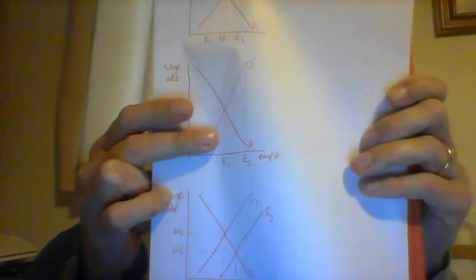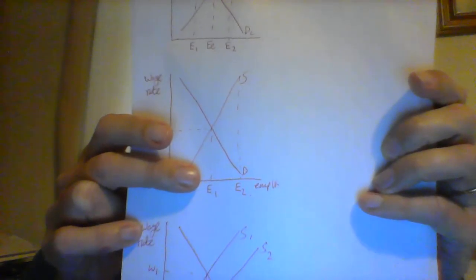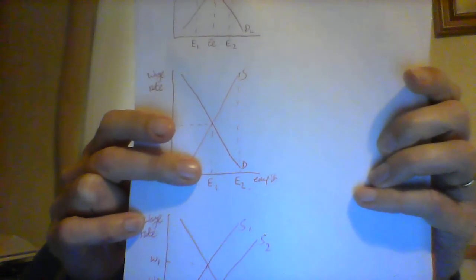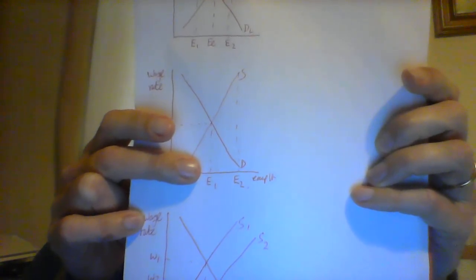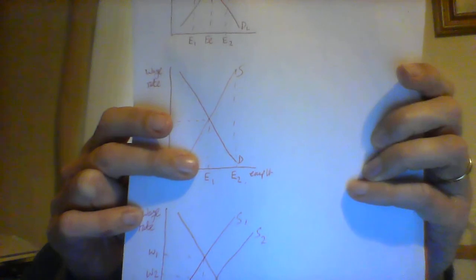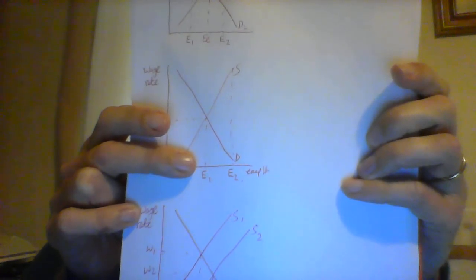Well, the obvious thing that you can do is to try to increase the supply of labour curve from S1 to S2, and if you can do that, you'll increase the natural rate of employment, and by doing so you'll reduce voluntary unemployment. There'll be fewer people of working age who aren't working.